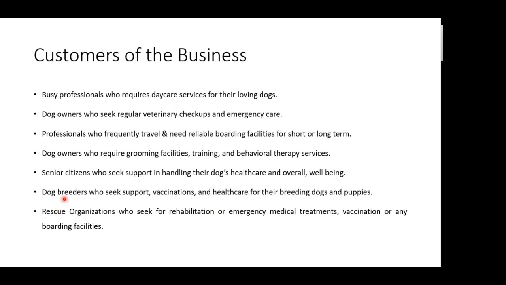But when you write your business proposal or the report, make sure you use 3, 4 sentences to explain the customers. Here we see it's just in point form, but when you write the actual report, make sure that you explain the customer in a little detail.